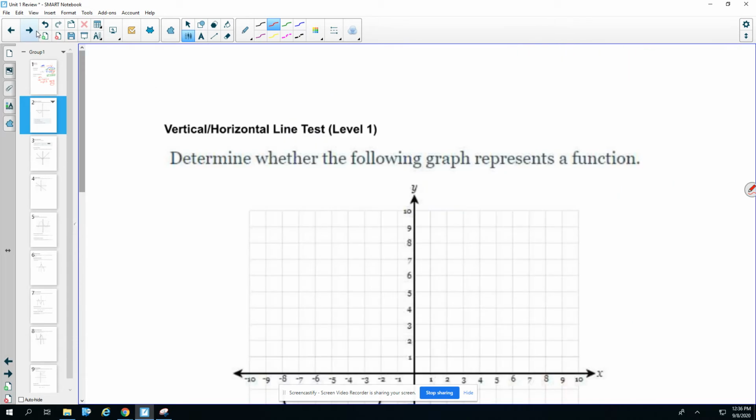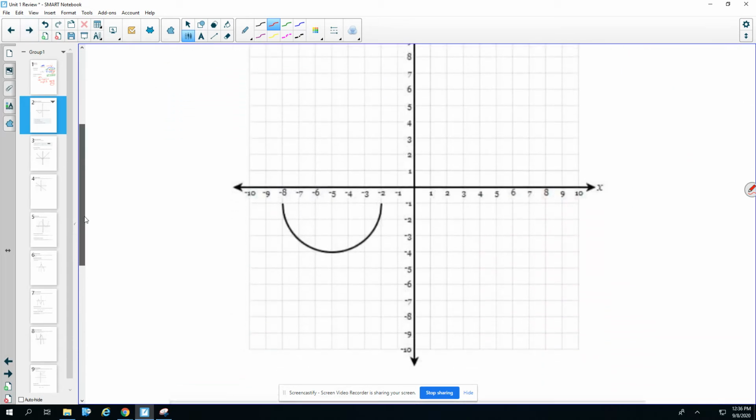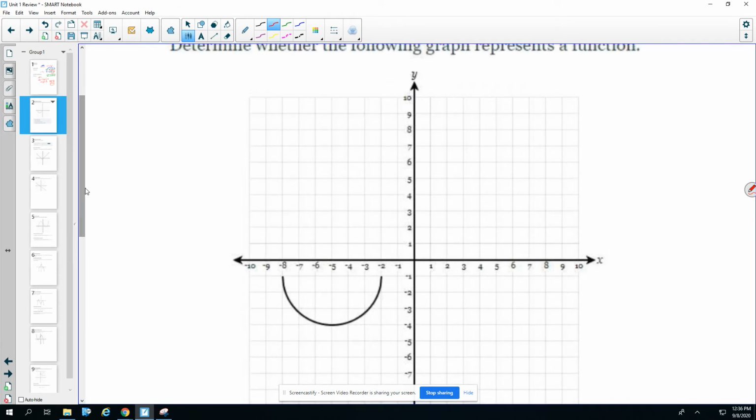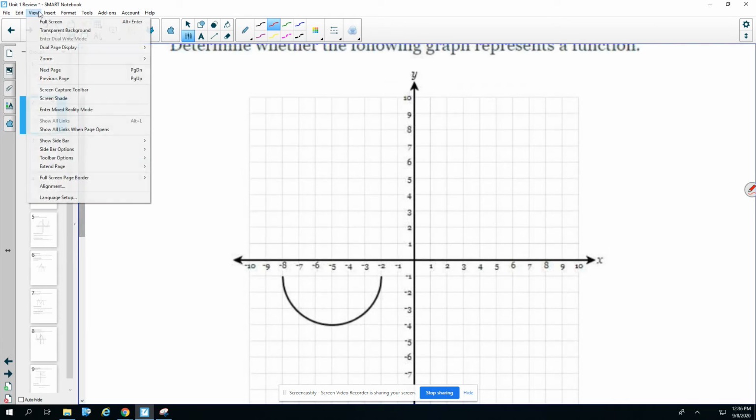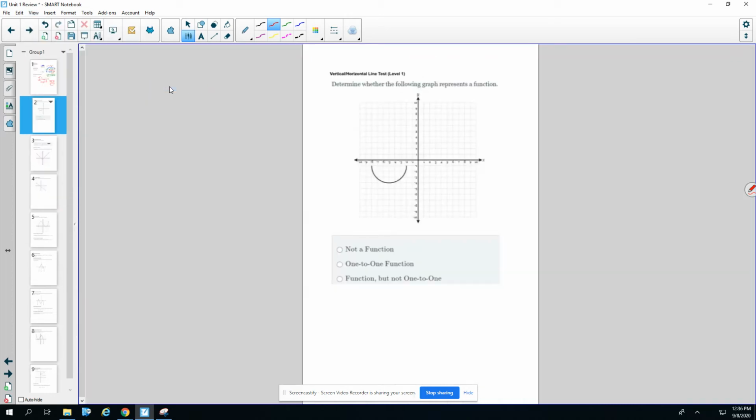The next couple questions have to do with graphs and functions and one-to-one functions. So I am going to view this and zoom, maybe 75%, so that we can see the whole question. It asks if it's a function, not a function, or a one-to-one function. This graph, at any point, if I draw a vertical line, it only crosses through once.